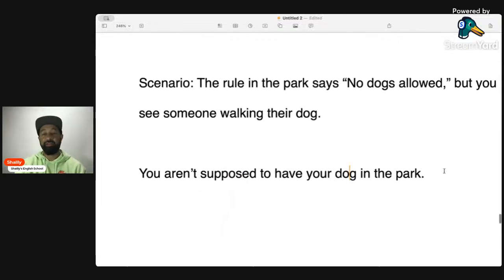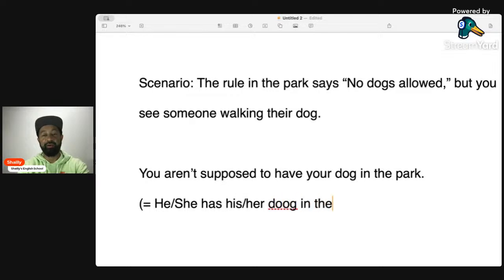What does this sentence mean? This sentence means he or she has his or her dog in the park. All right, so it's the opposite.